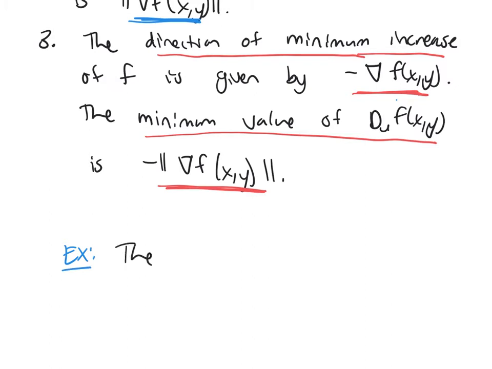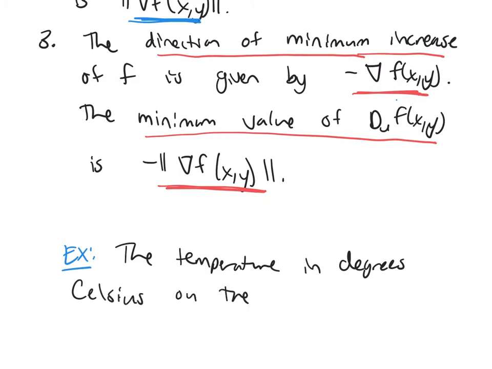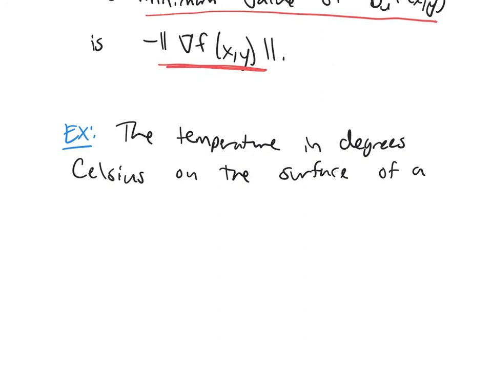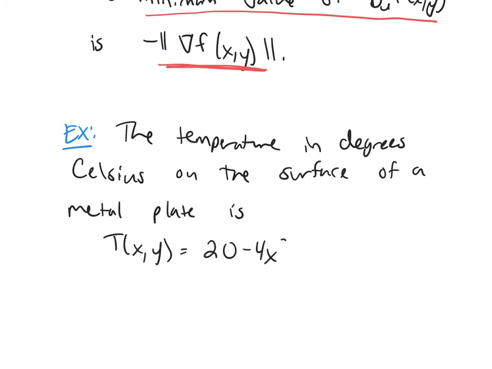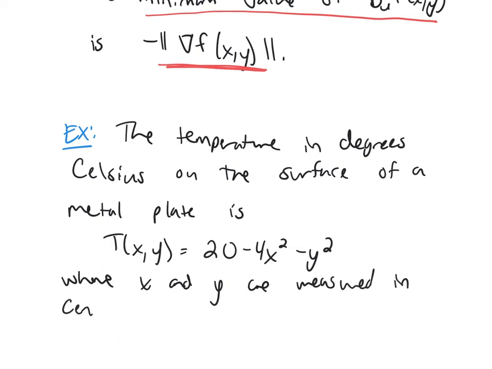I'm going to say that the temperature in degrees Celsius on the surface of a metal plate is given by the equation T(x, y) = 20 - 4x^2 - y^2, where x and y are measured in centimeters.